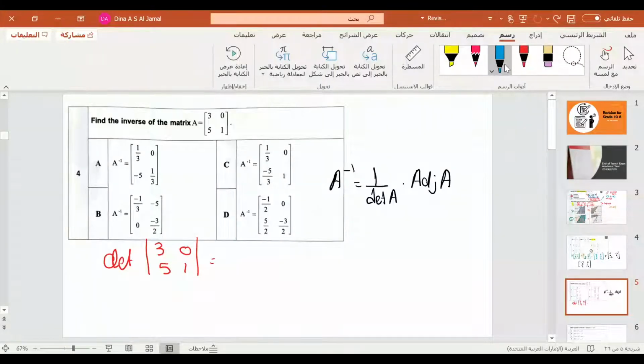So multiply the diagonals, 3 by 1 minus 0 by 5.